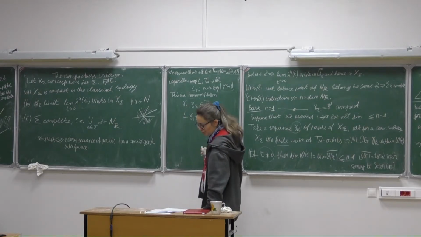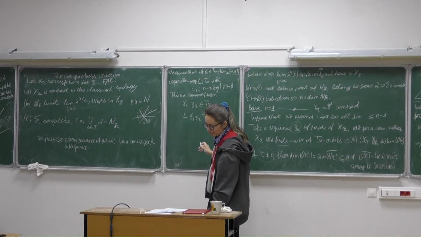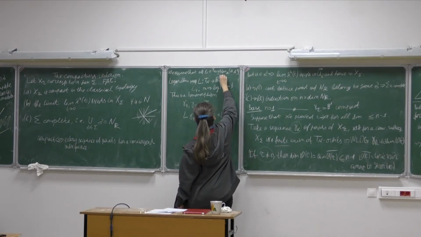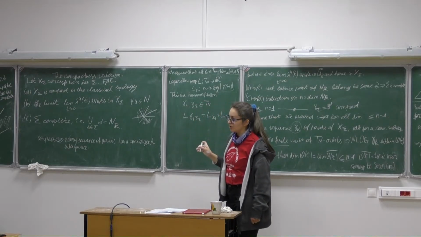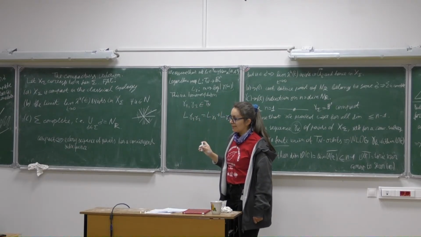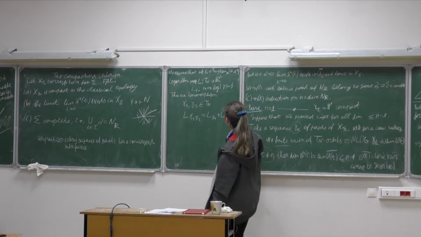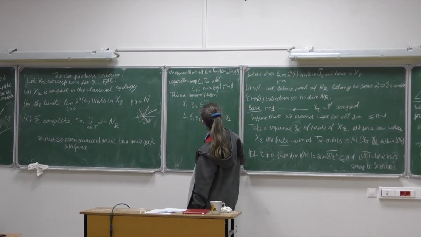Maybe we should take the power n here. Gamma goes to the logarithm of gamma of m1, up to the logarithm of gamma of mn, where m1 to mn is just the basis.